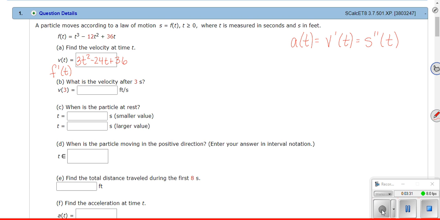Then it says, what is the velocity after 3 seconds? All you're doing is plugging 3 into the v function that we just found. Now, when is the particle at rest? The particle is at rest when the velocity equals 0.